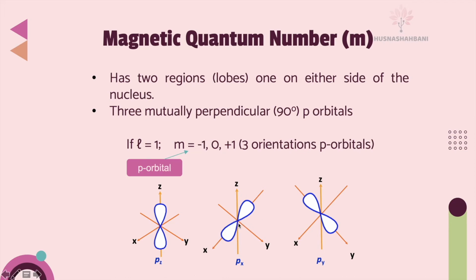Why a dumbbell? Because it is a p orbital. The dumbbell has 2 lobes on the x-axis, so that's why this is px. py has 2 lobes on the y-axis. So for the p orbital, we have 3 different orientations: pz, px, and py.